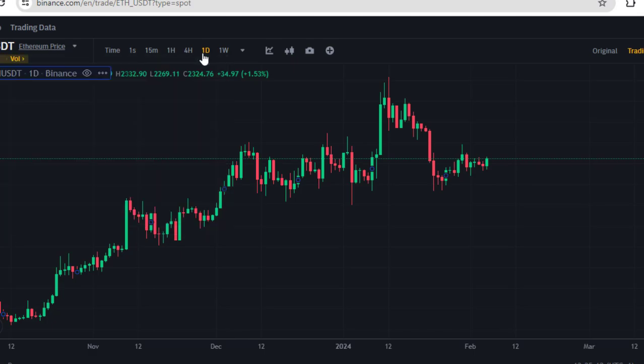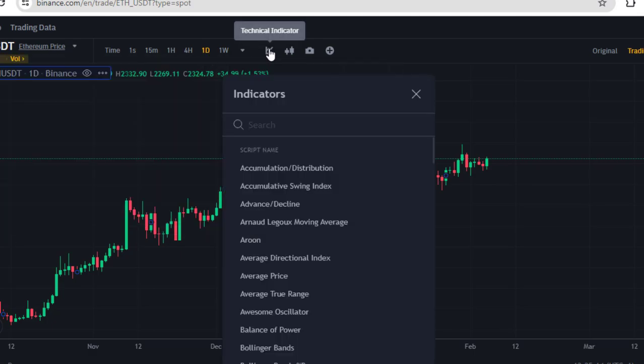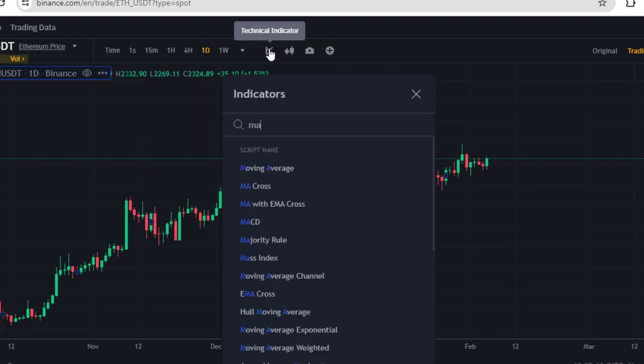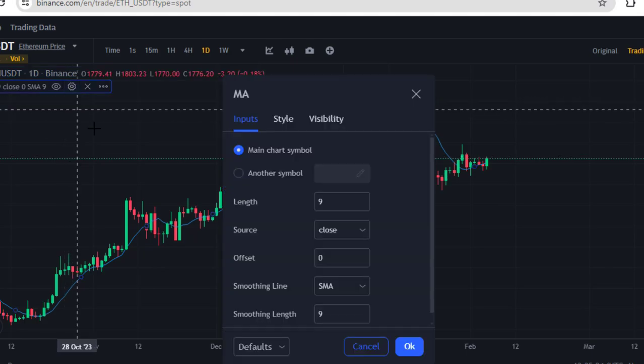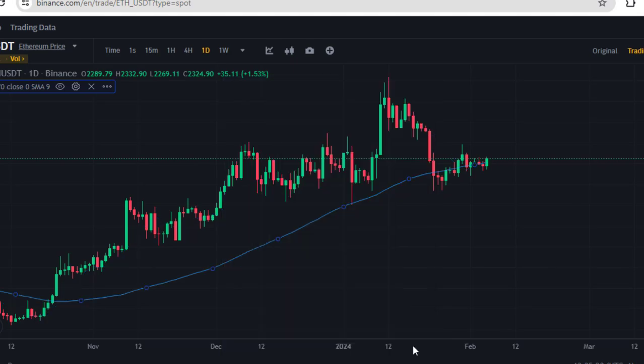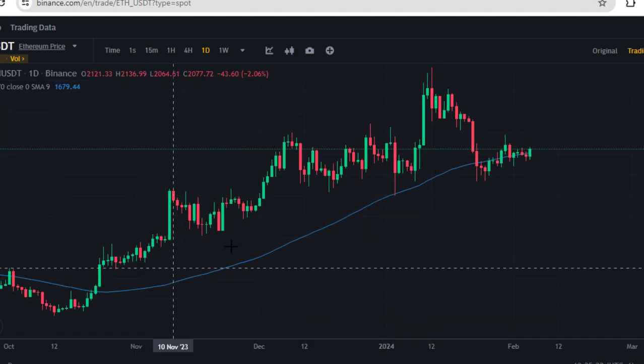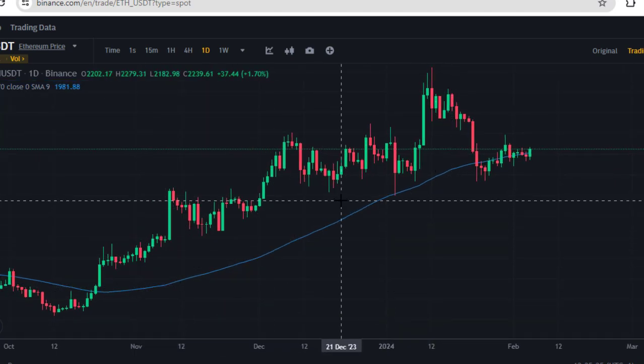On the 1-day chart, I will put on the SMA or the MA, which is the same. So I'll put on the MA here, and then I have to change the setting of the simple moving average to 70.